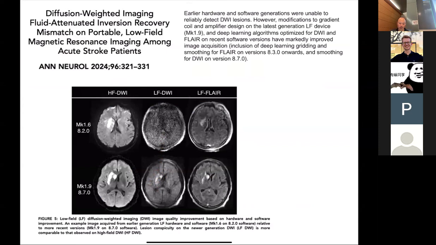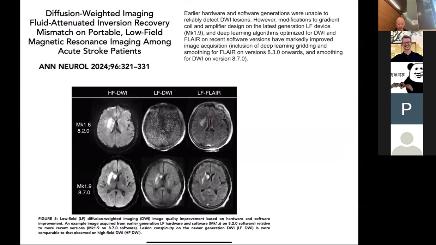However, modifications to gradient coil and amplifier design, so somehow they did something with the gradient coils, to the latest generation device and deep learning algorithms optimized for DWI and FLAIR. FLAIR is these images over here, where they've basically tried to null out the liquid using an inversion pulse. You can see here that even a few years ago they were doing pretty well with these FLAIR images, but now they're doing even better.